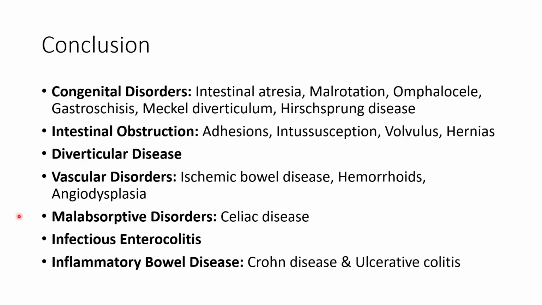It is an autoimmune disease. We went briefly over infectious enterocolitis, and we ended with inflammatory bowel disease, which is an inflammatory condition. In the next lecture, we will discuss the neoplastic processes that occur in the small and large intestines. We will discuss the different polyps and the different tumors that occur there.